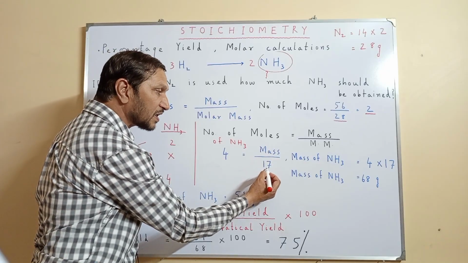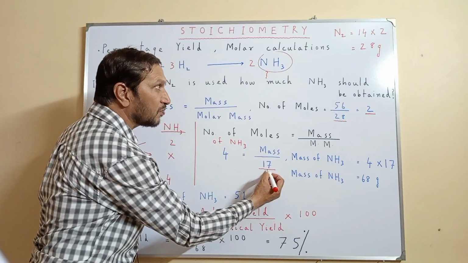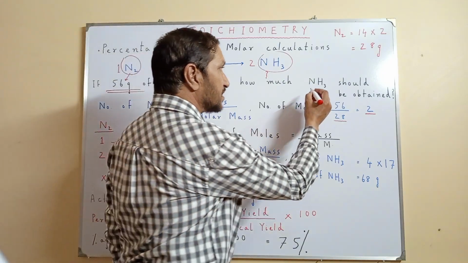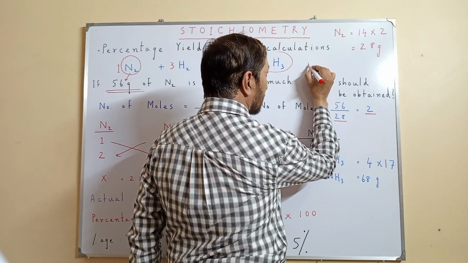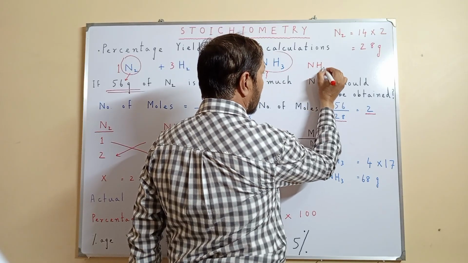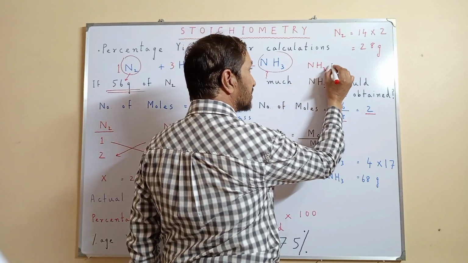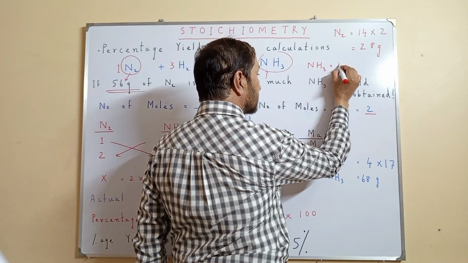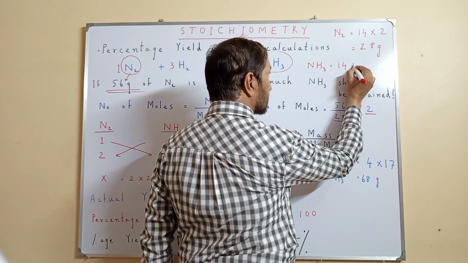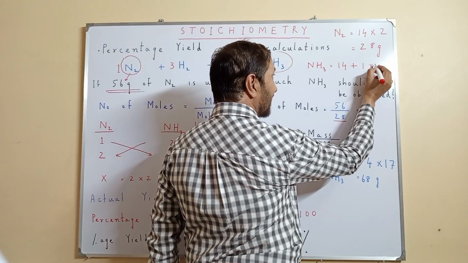And the molar mass, what is this? 17. This is the molar mass of ammonia. How did we calculate it? We know that the formula of ammonia is NH3, where the atomic mass of nitrogen is 14, plus the atomic mass of hydrogen, which is 1, multiplied by 3.